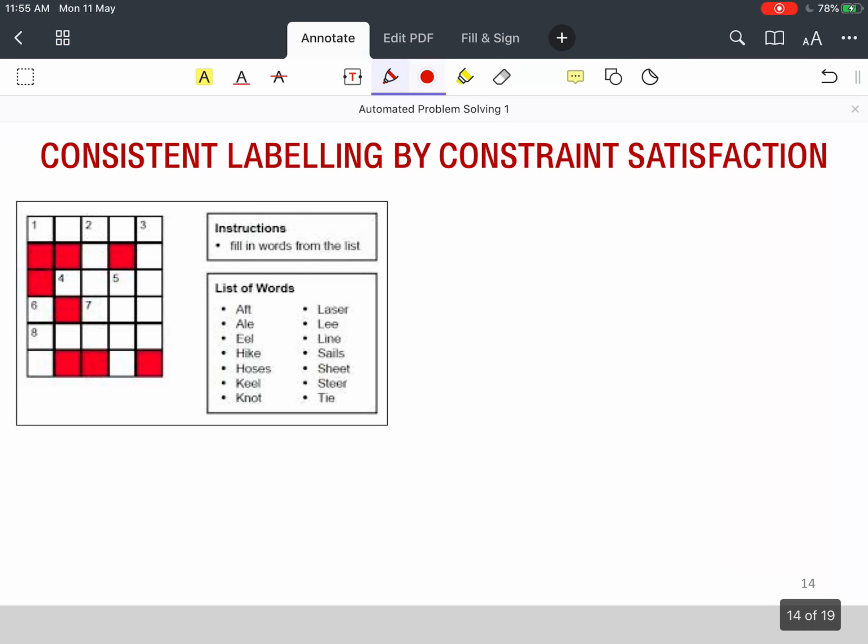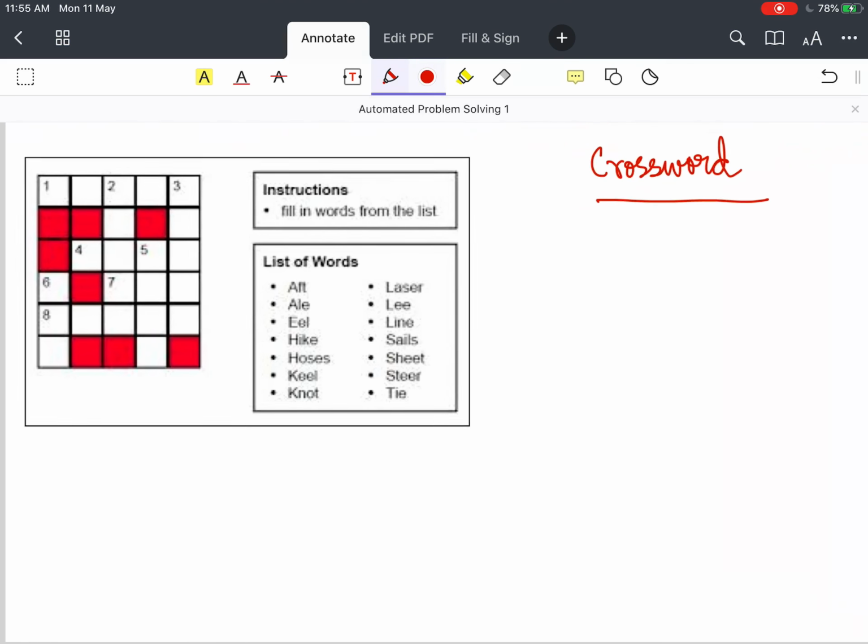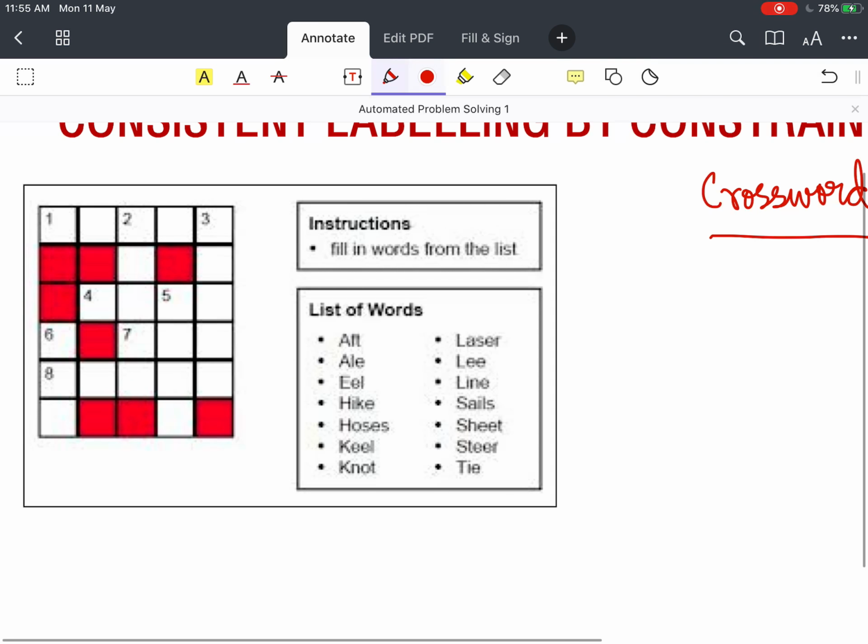One of the most popular consistent labeling constraint satisfaction problems is the crossword problem. In this example, I have numbers 1, 2, 3, 4, 5, 6, 7 and 8, and I have to fill them up.